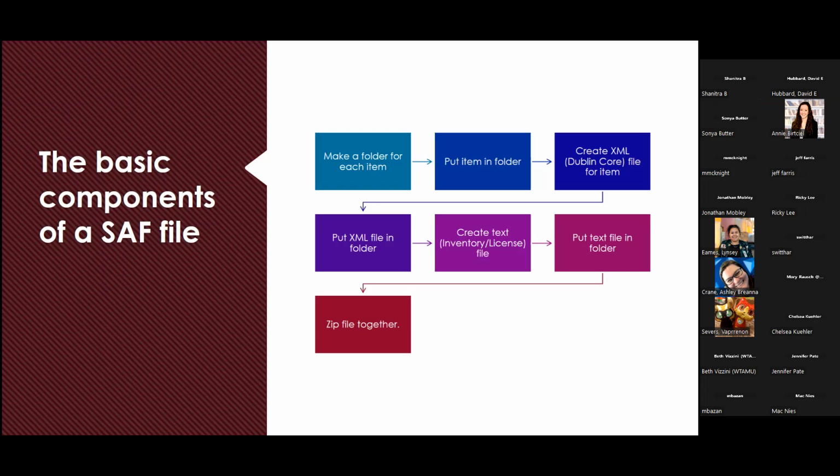So the actual process of creating a SAF file, a Simple Archive Format file, is really quite simple. And this is what we needed a tool to do. Okay, next slide, please.